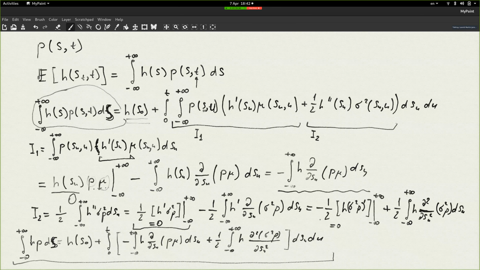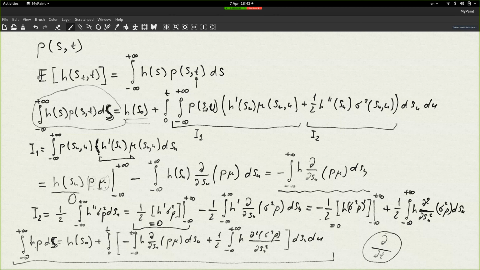Now what we will do, we'll do it the other way around. We'll differentiate this expression with respect to t. We'll take a partial derivative with respect to t of this expression. Now you see the left-hand side is an integral over s.